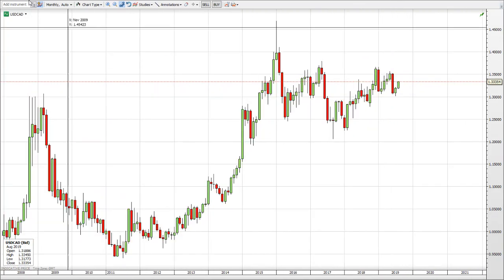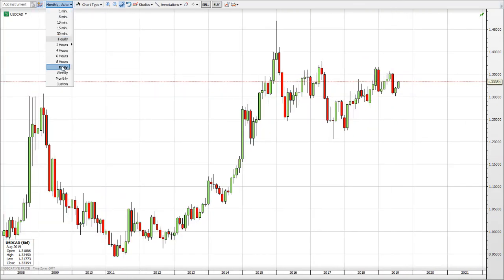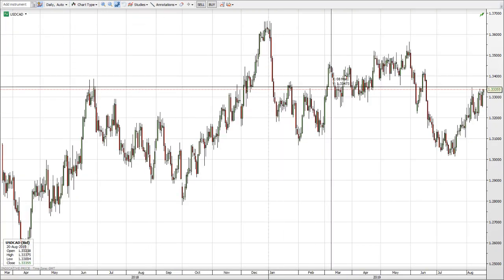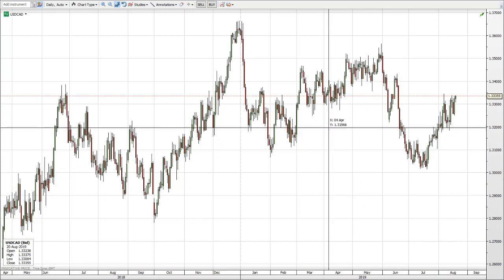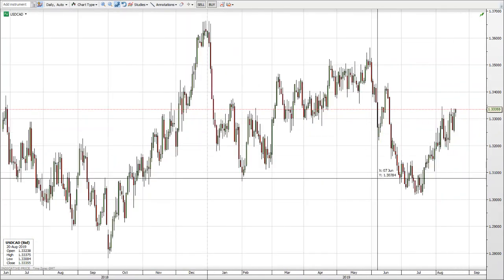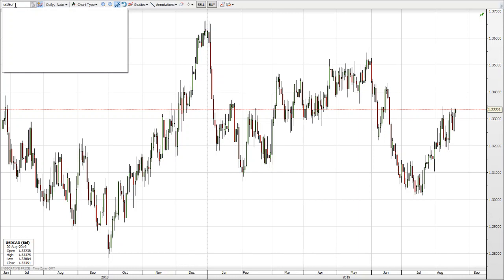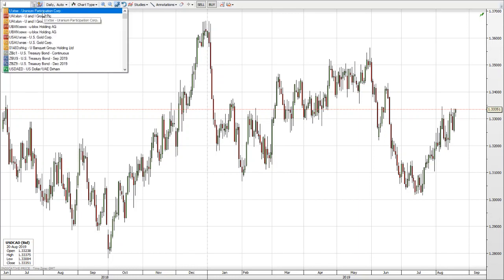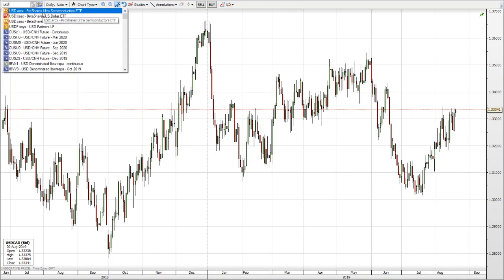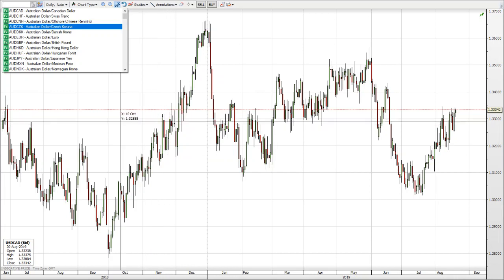I would probably say it's too early for it to be shooting all the way back up, but I think there's potential for that given how strongly the US dollar has been acting against the Canadian dollar. So just for an example, let's have a look at, well, let's talk about that later.